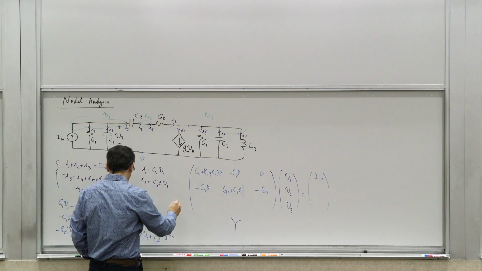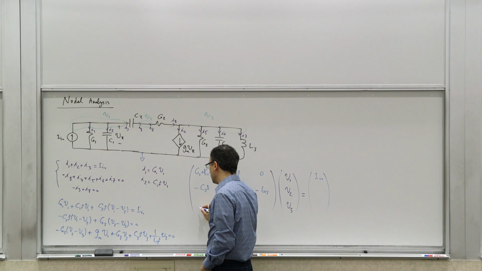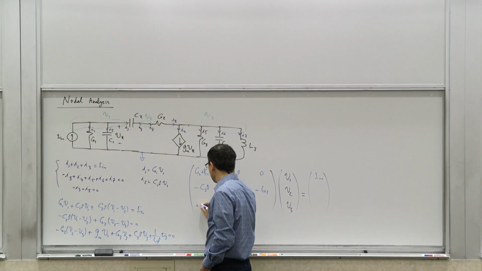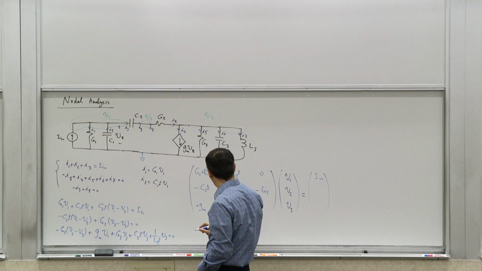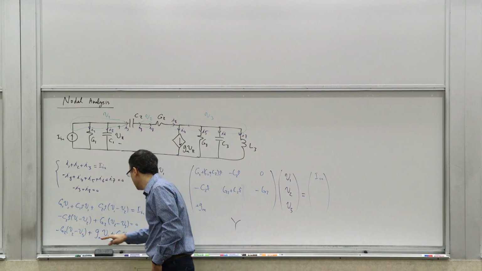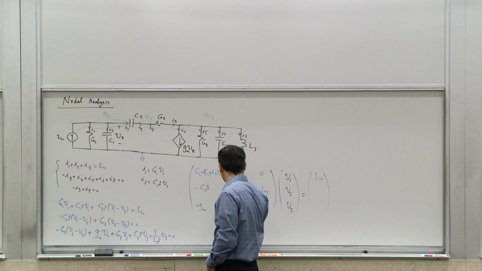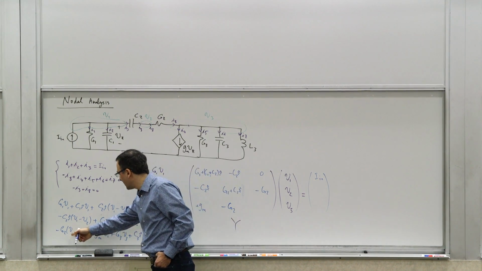So what that gives you here, you have a term for V1, which is plus GM here. And then for V2, the term you have for V2 is negative G2, right? That's the only one that you see. And for V3, you have a whole bunch of stuff.